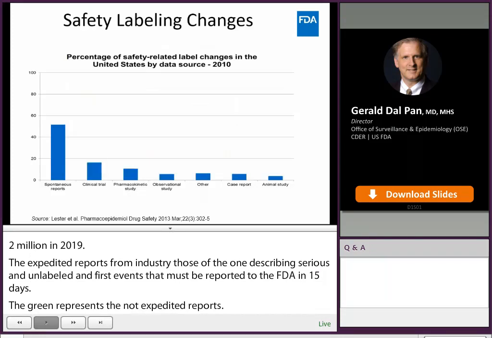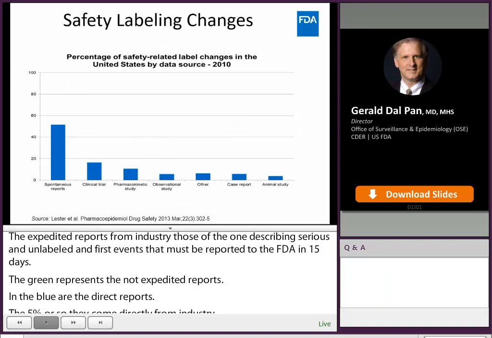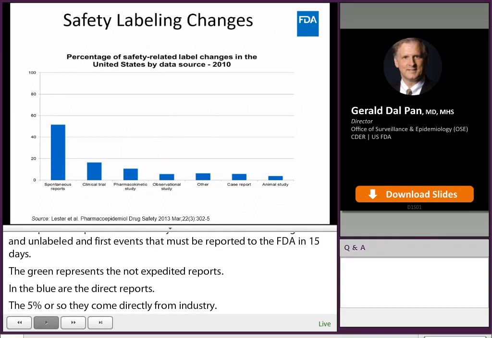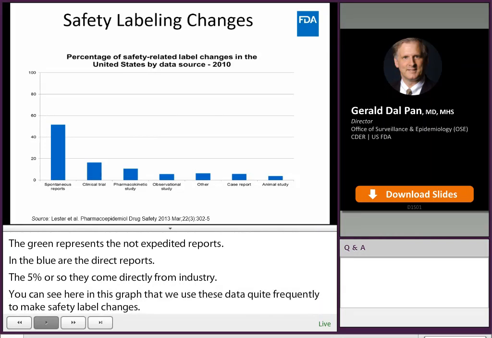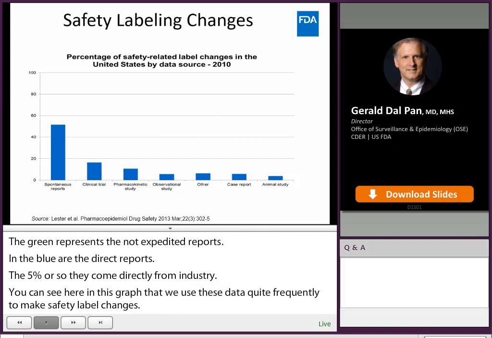You can see here in this graph that we use these data quite frequently to make safety label changes. On the x-axis, you see different sources of data that led to a safety label change in the year 2010. And on the right, you see the percentage of safety label changes that each of those sources led to.